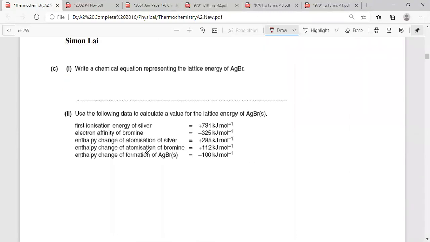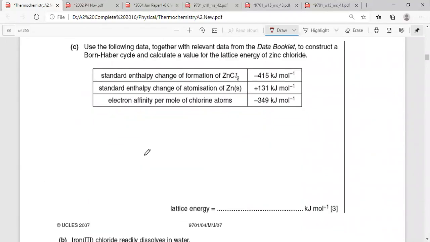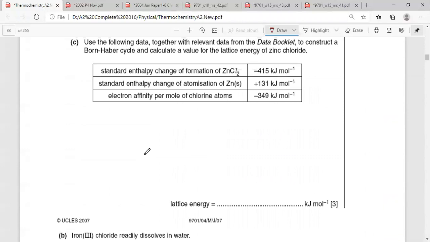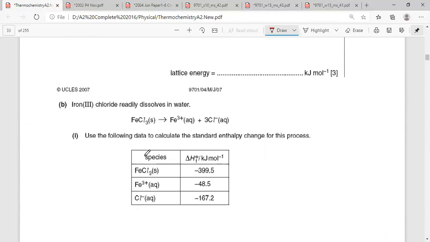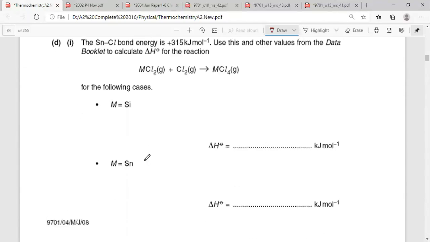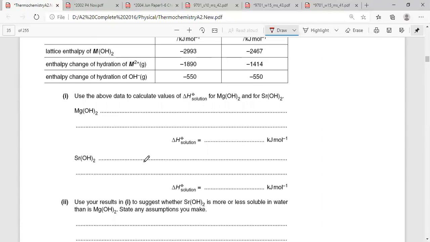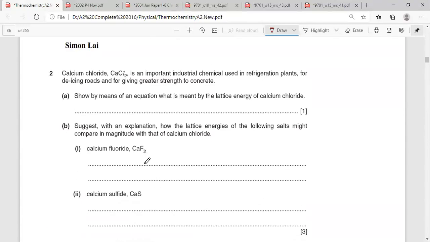One more, and then we're into hydration. This one we do later.